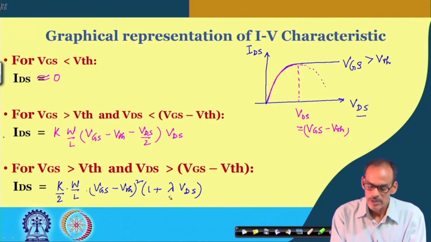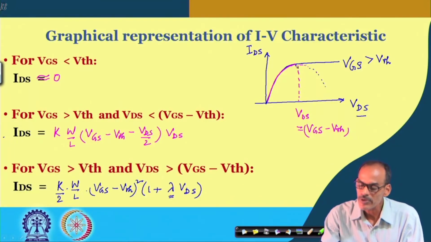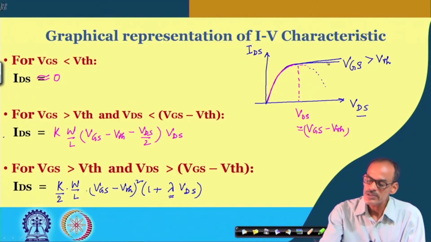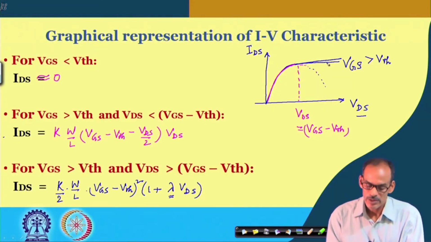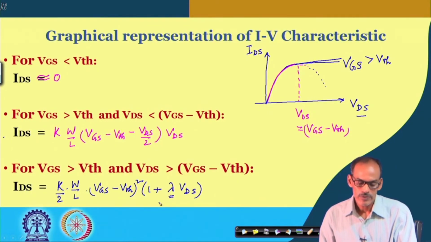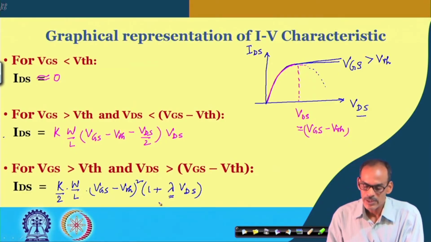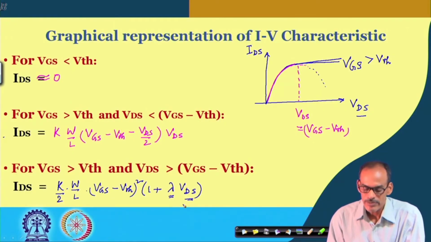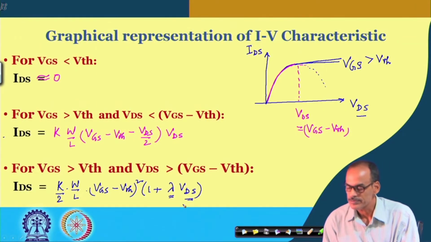If I consider the actual small value of lambda, it may have a slightly sloping nature, which means that this change represents the effect of lambda, which is referred to as the channel length modulation effect. The channel length is getting modulated by VDS. In fact, this is similar to the base width modulation of the BJT we have considered.